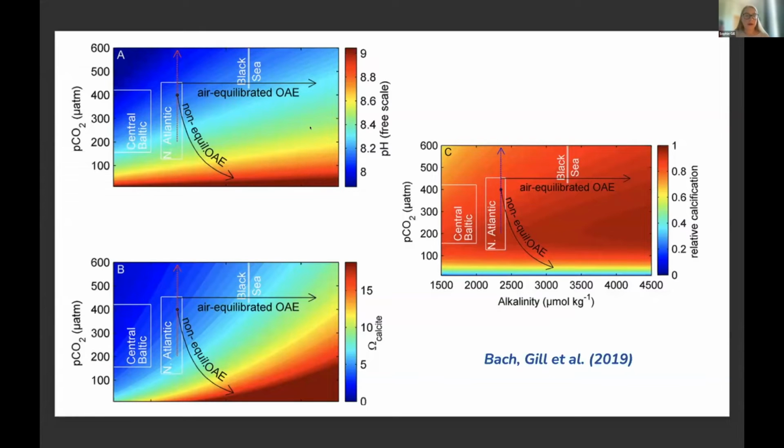It's important to consider, though, that an air equilibrated scenario of OAE might not occur on the initial addition of alkalinity to the surface ocean, because reaching this equilibrium could take several years. When alkalinity is initially added to the surface ocean, it might be added too rapidly for air-sea gas exchange to keep pace, and we refer to that as non-equilibrated OAE.